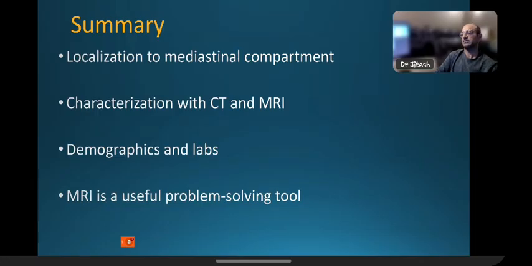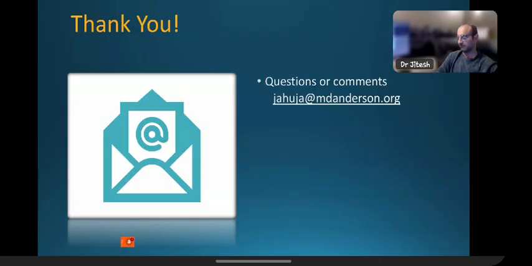Patients' demographics, age, gender, and lab information like tumor markers can help in differentiating the tumors, specifically germ cell tumors. So that's about it. Thank you, everybody. Thanks for listening.